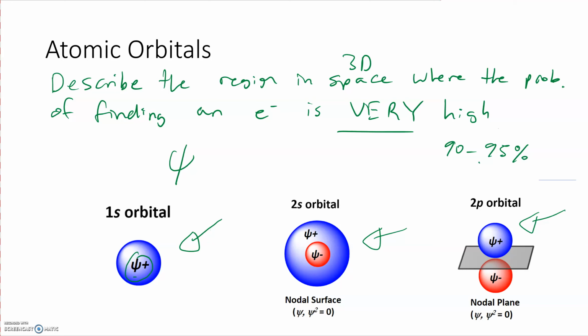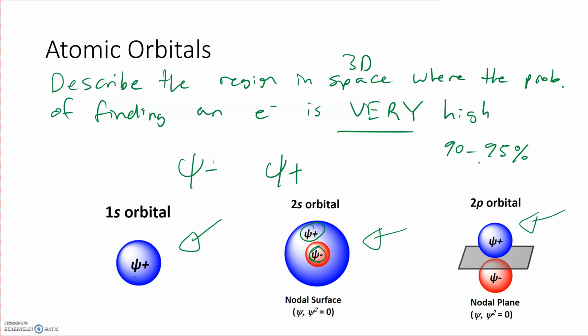But what you do need to note is that orbitals have different phases depending on the amplitude of the wave function. So phases are usually represented in different colors. You can see that this phase, which is represented with a negative wave function, and this phase, which is represented with a positive wave function, are in different colors. And that's how you're usually going to see them.